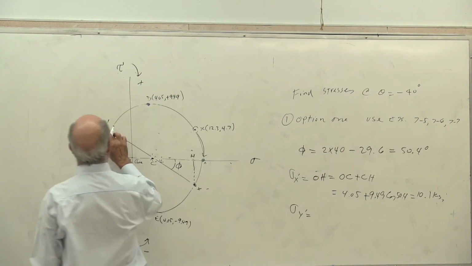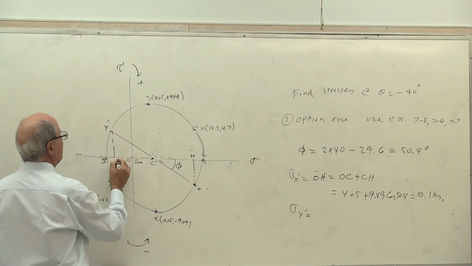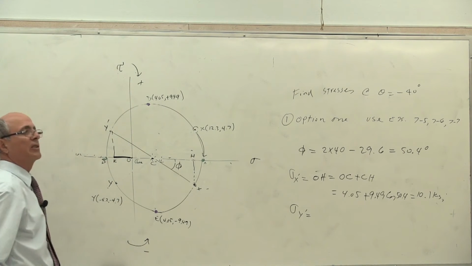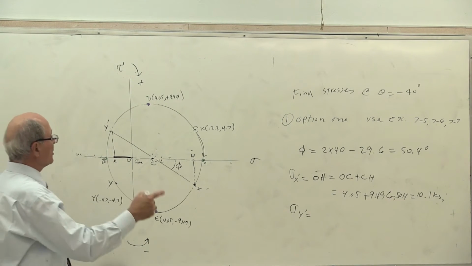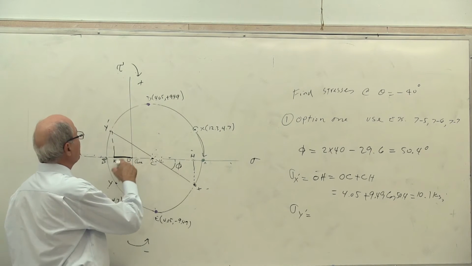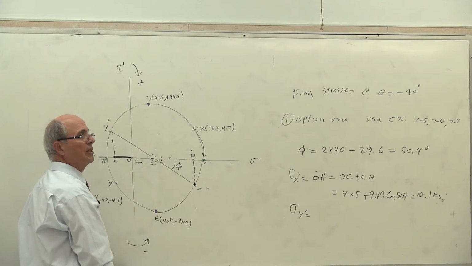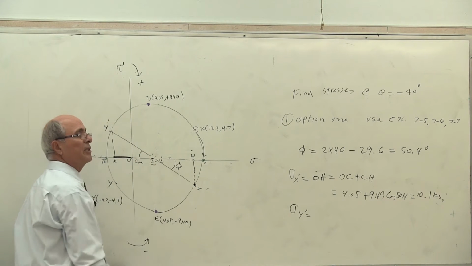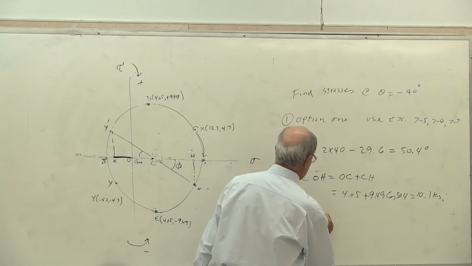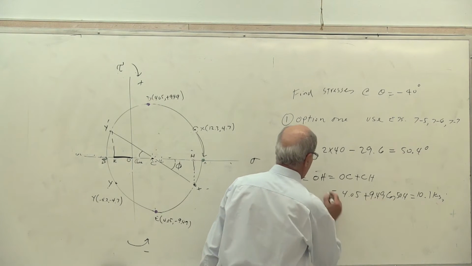For sigma y prime is on the other side. It's here. This is the y prime, so I need OK, this length. I need that length. Is that correct or not? However, I use the same process. I start from C. So I go forward, then minus R cosine phi. Everybody see what I'm talking about? Because this is the same phi. Is that correct or not? So you use the same process. So you need OK. That was OH.